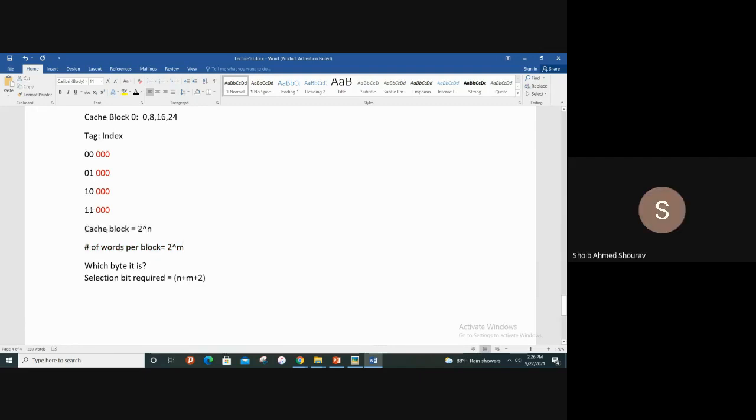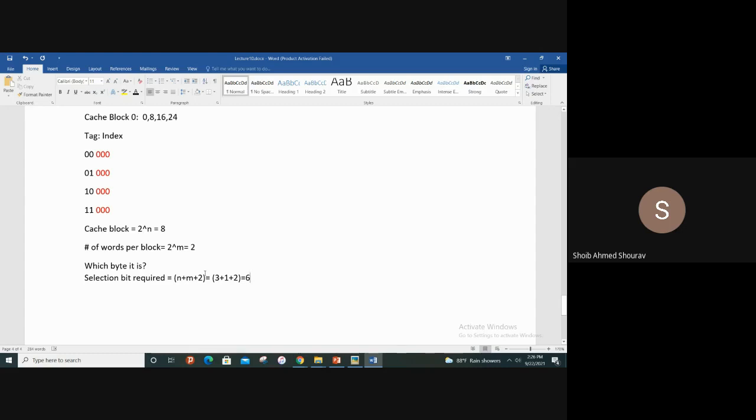So if the number of cache blocks is given, like cache block is 8, and number of words is, for example, 2, can we not find the selection bit is actually 3 plus 1 plus 2, which is 6?